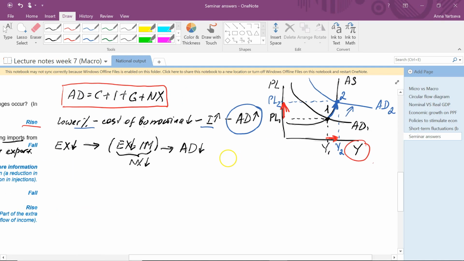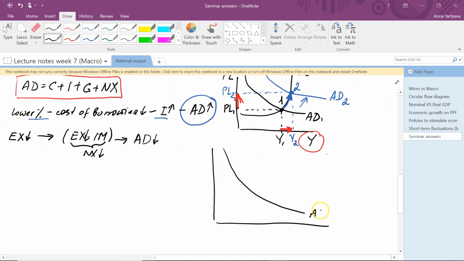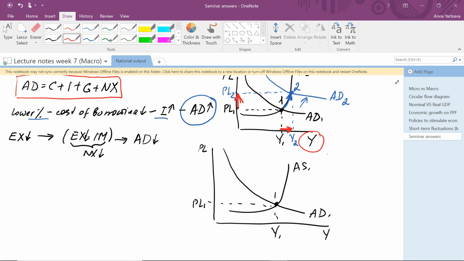So the diagram will be the opposite one: initial aggregate demand, price level, national output, aggregate supply, initial equilibrium at point 1, initial national output, initial price level. Then our aggregate demand, let's use maybe green color here, then our aggregate demand drops, which will shift aggregate demand curve downwards to aggregate demand 2.